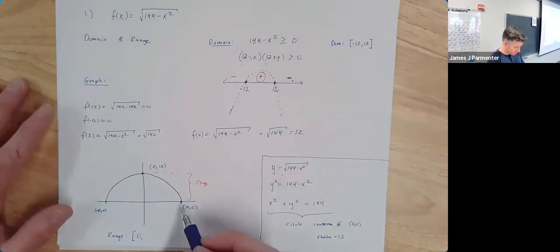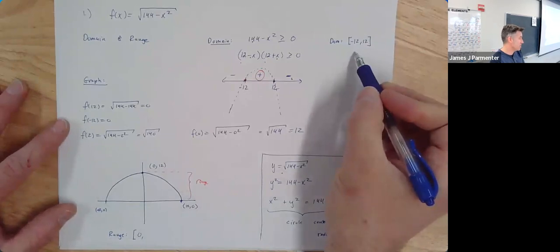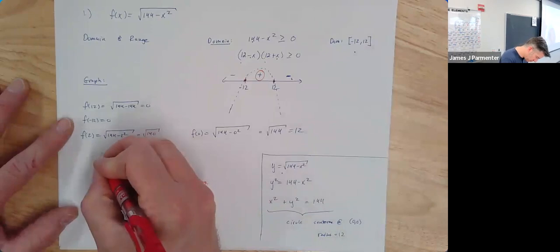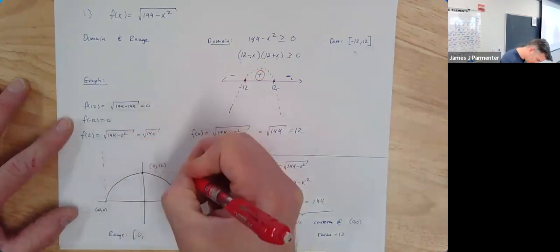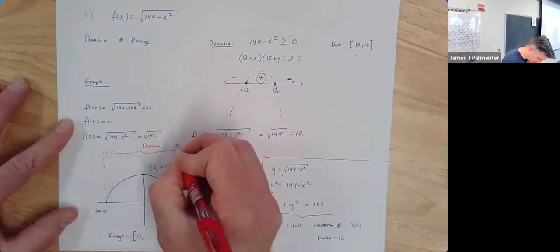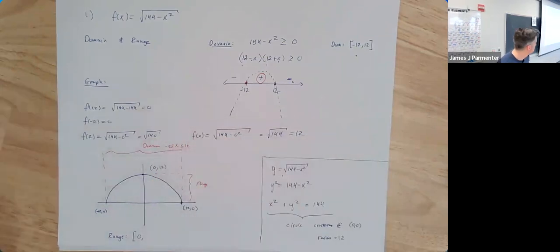The other reason we can't keep going further to the right is because our domain ends at 12, right? We are stuck between, right, here's our domain where x is between -12 and +12. So two good reasons why we don't go that way.